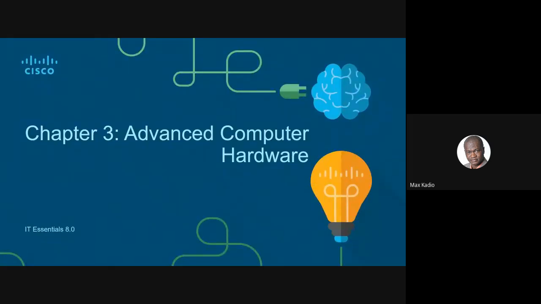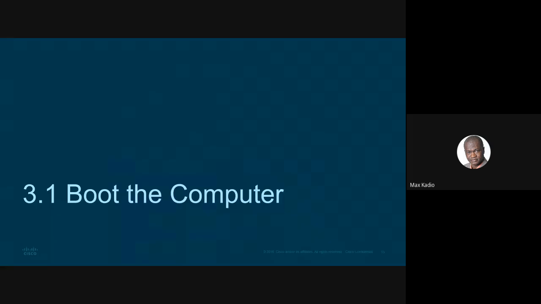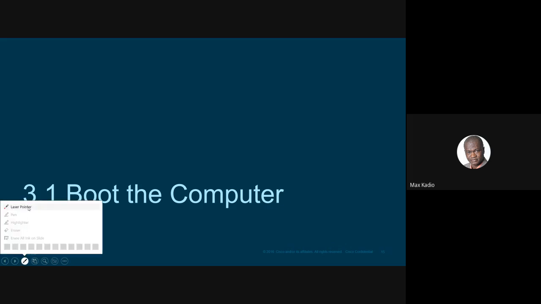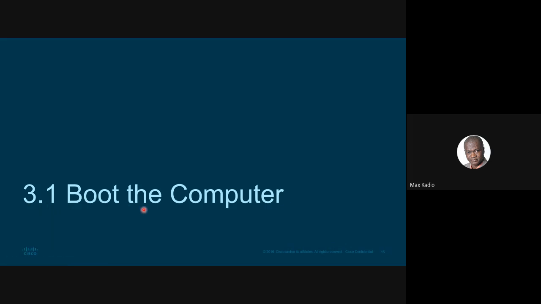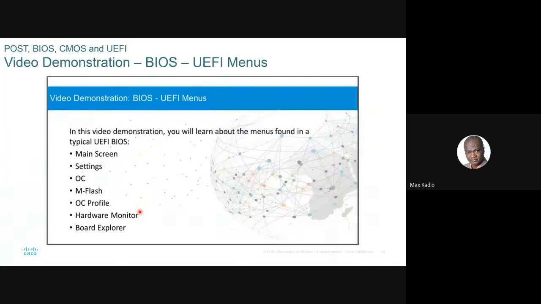When you go to your NetAcad, there is a lot inside. It's a lot. So I'll give you what you need to know the most, and after that, you can go and read. When you power on your PC, what is happening in the background before you see your desktop? We have a lot of steps in the background. So here you have a nice video. You can watch it many times. You're going to learn a lot from here.